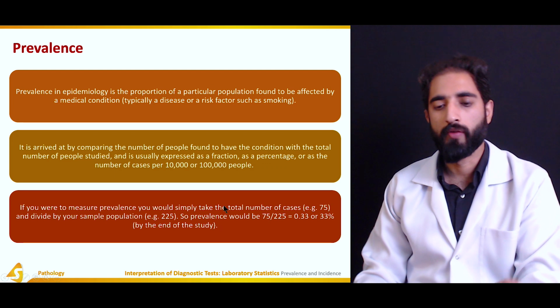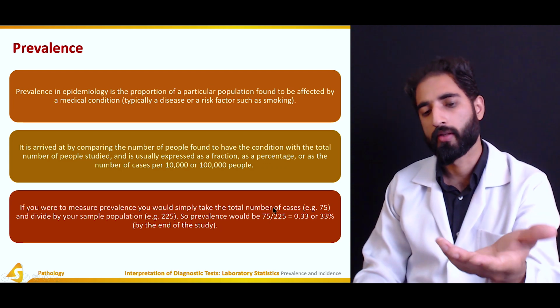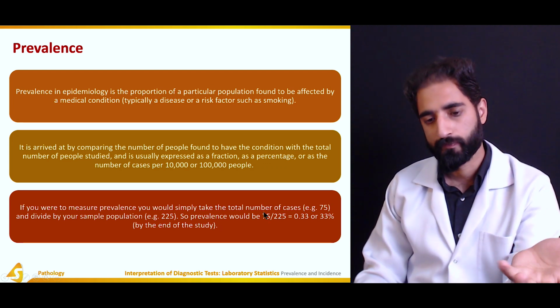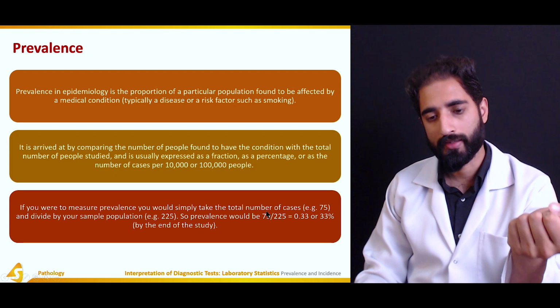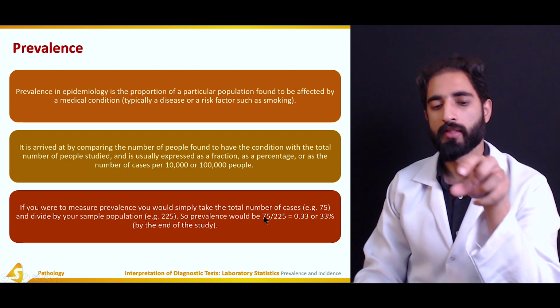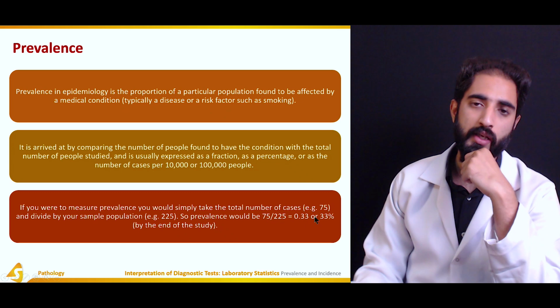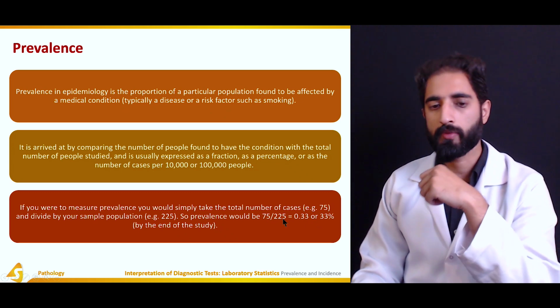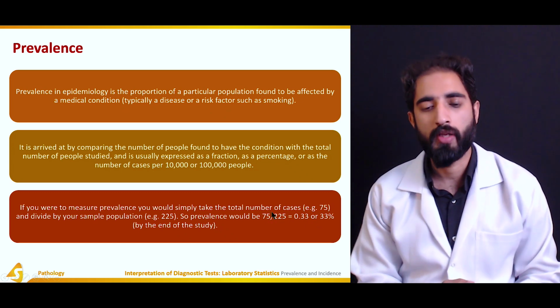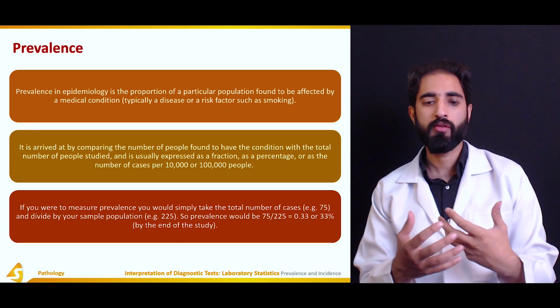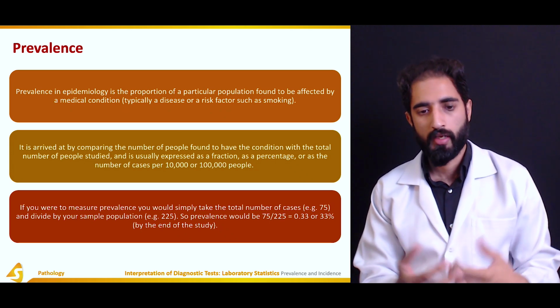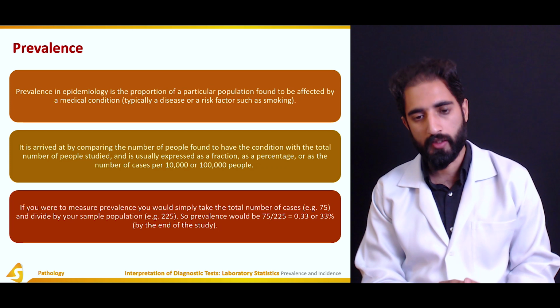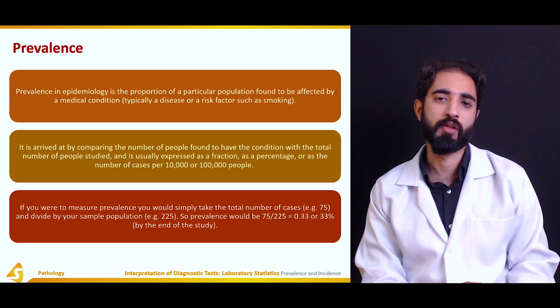So, for example, if we were calculating the prevalence of, let's say, diabetes, we can say that the prevalence of diabetes in this sample population was 33%. But sometimes the prevalence can also be expressed as a fraction or as a number of cases per 10,000 or 100,000 people.